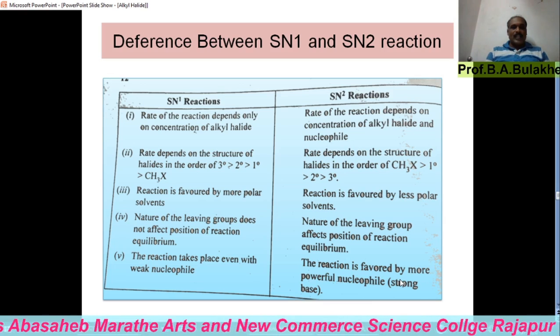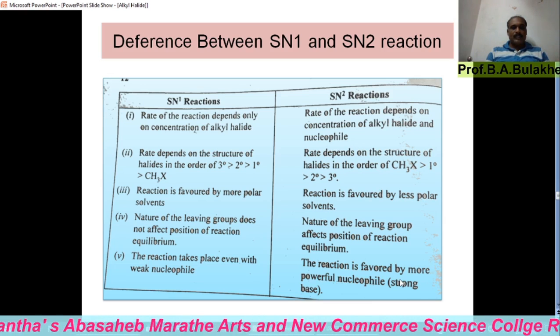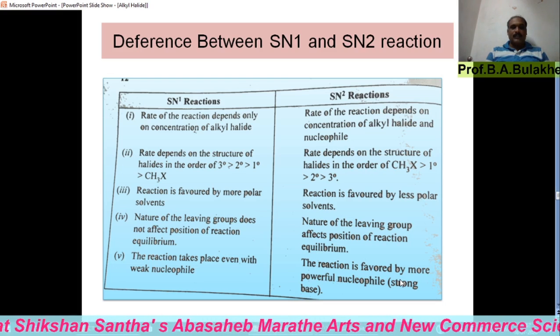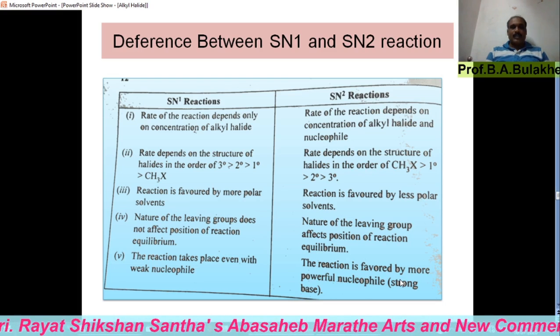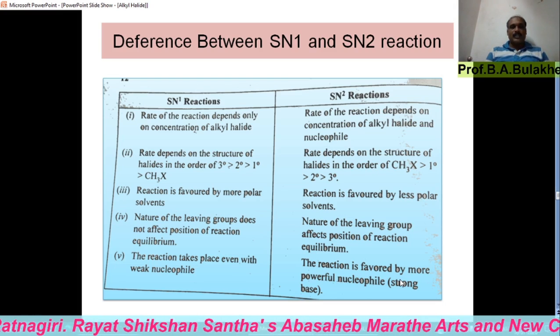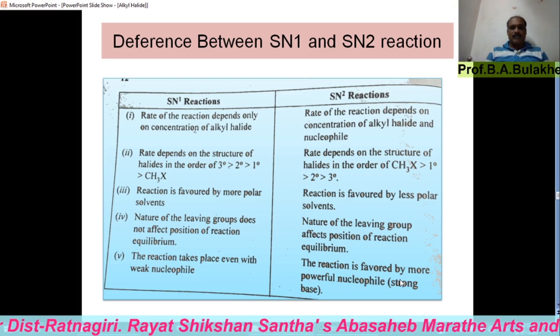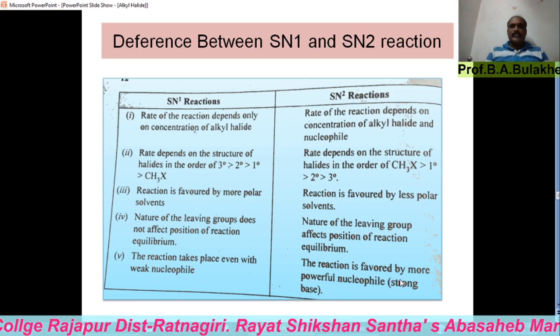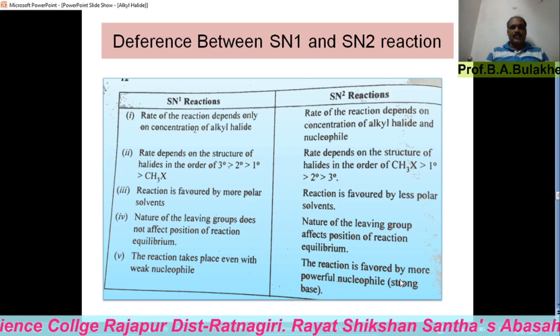In SN1 reaction, the reaction takes place even with a weak nucleophile. In SN2 reactions, the reaction is favored by a more powerful nucleophile, which increases the rate of SN2 reactions.